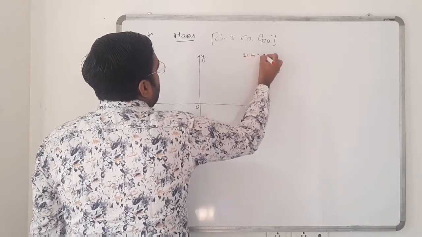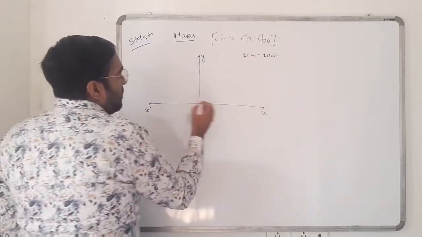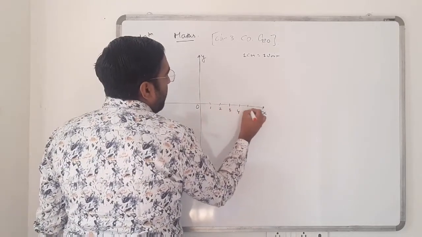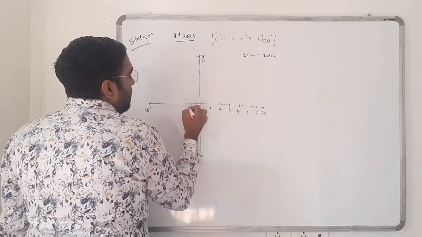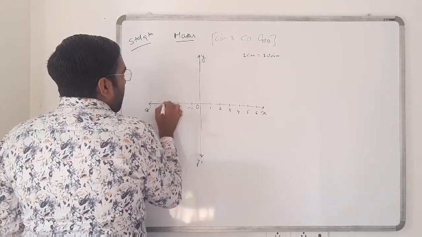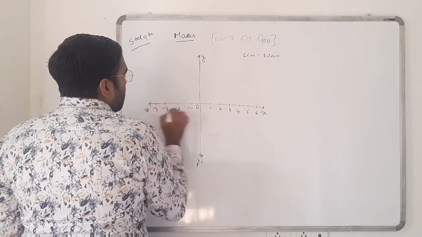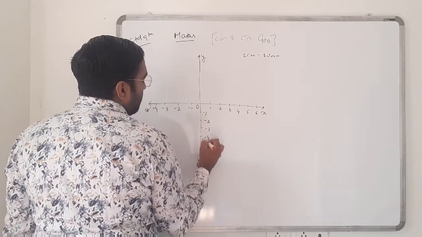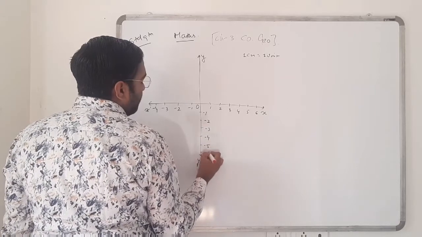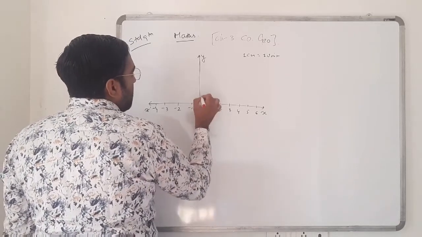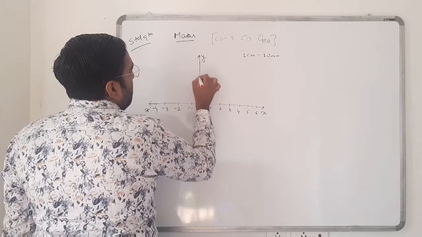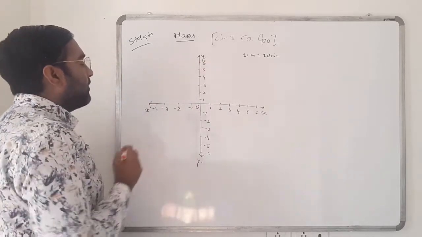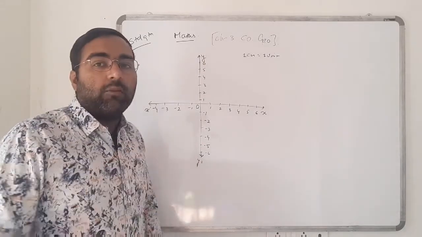This is your scale. So 0, 1, 2, 3, 4, 5, 6, then minus 1, minus 2, minus 3, minus 4, minus 5, minus 6 on the negative sides, and 1, 2, 3, 4, 5, 6 on the other axis. Okay, so let's start to plot the points.